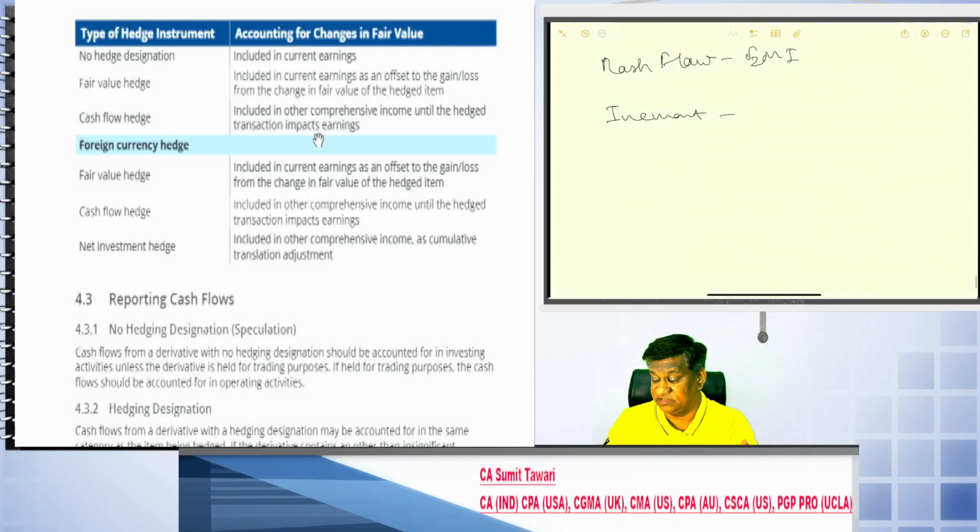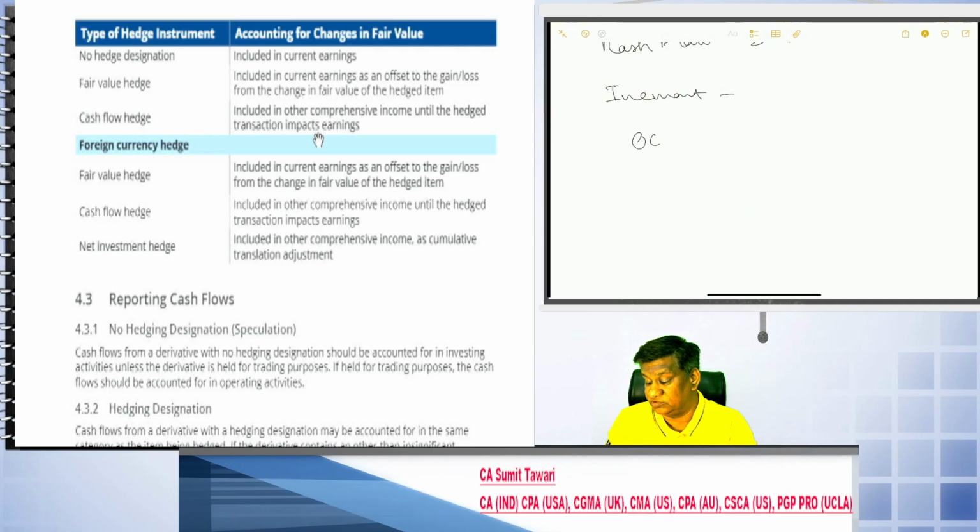In the last example, first we transfer 15,000 to OCI. Once we pay it, then we need to transfer to income expenses. If it is unrealized, then we need to park it in OCI.